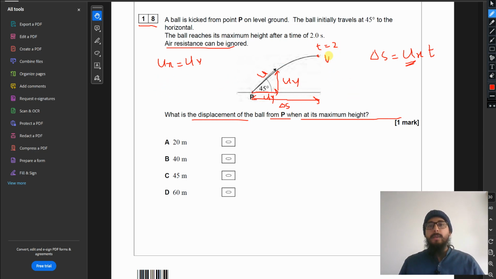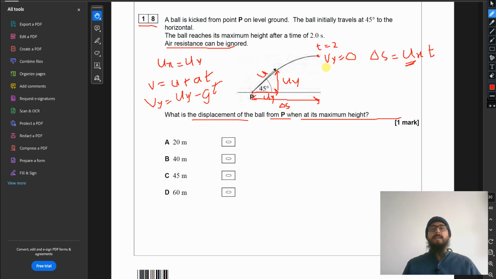Now we know that at maximum height vy is equal to 0, and we can use the SUVAT equation v is equal to u plus at, which in the case of projectile motion is going to be vy is equal to uy minus gt.